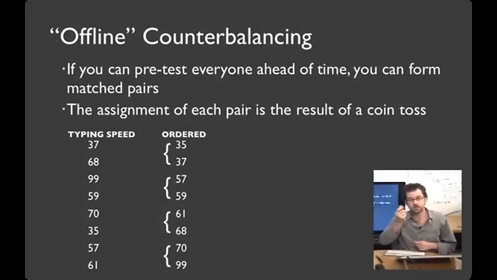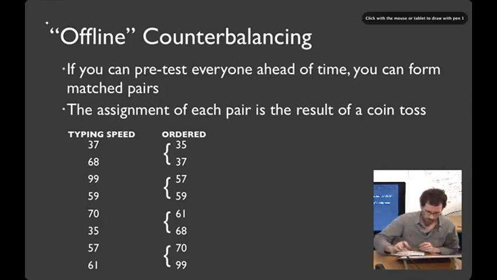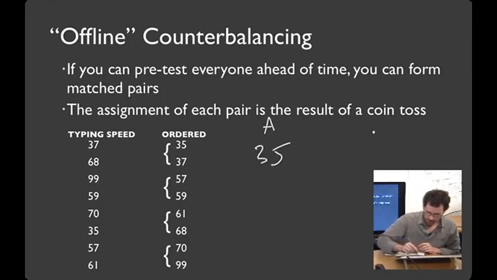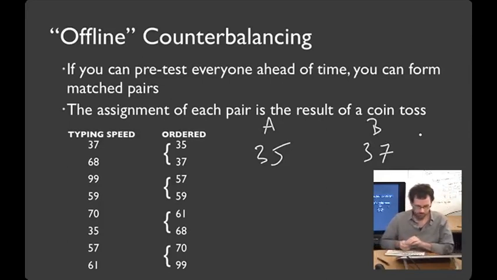I got one of these dollar coins in a ticket machine the other day. It'll do well for flipping. So for 35 and 37, that's heads, so we'll put 35 down here in our first condition. 37 goes in the second.